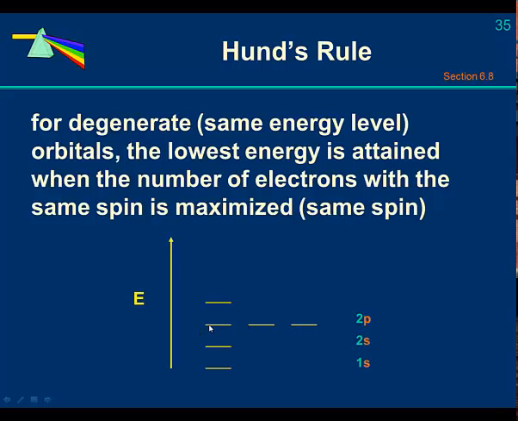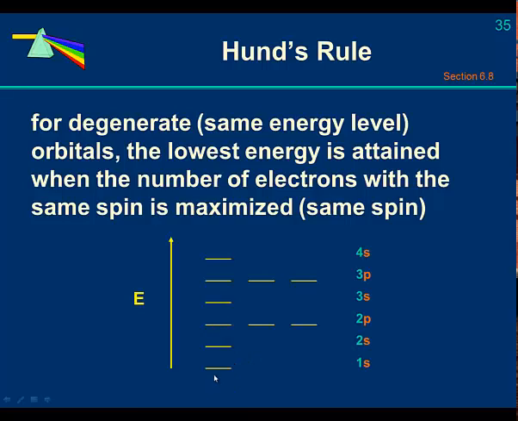And what Hund's Rule says is that you can reach the lowest energy when the number of electrons with the same spin is maximized. Well, remember, everything wants to be at the lowest possible energy. It's the natural flow of things. Water flows downhill. Electrons want to be at their lowest energy level, and they will be unless acted upon by some other force.